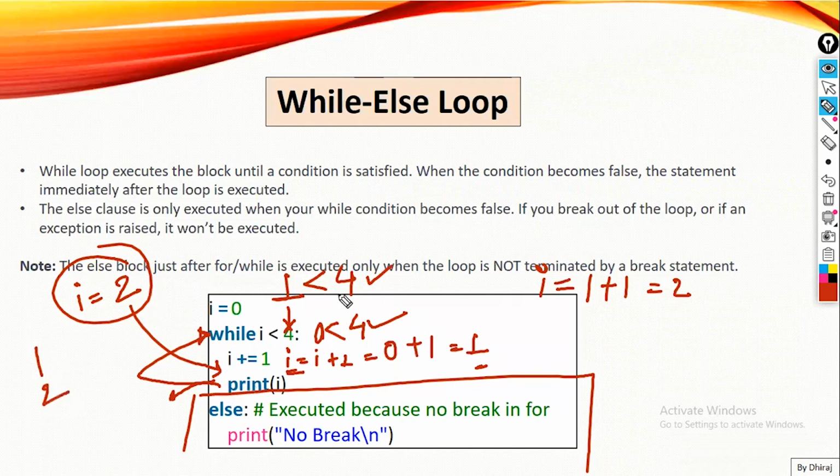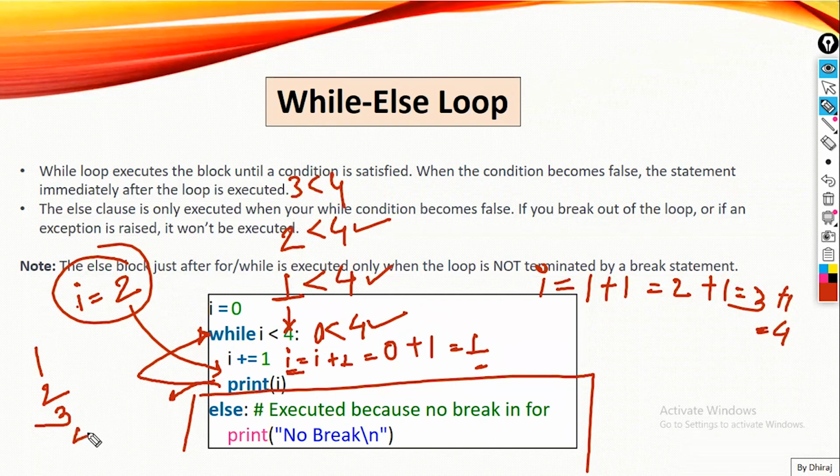Now again, this condition is not false. Again my interpreter comes to the while loop. I is 2 now, less than 4. Okay, it is true again. Again, 2 plus 1 is 3. I is replaced by 3, and this 3 is getting printed also. Here, 3 is less than 4. Yes, the condition is true. So 3 plus 1 is equal to 4, right?